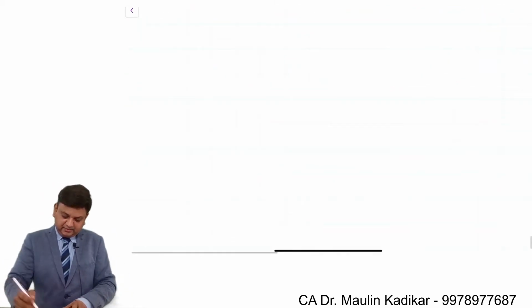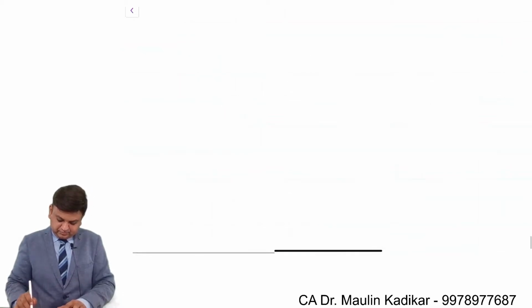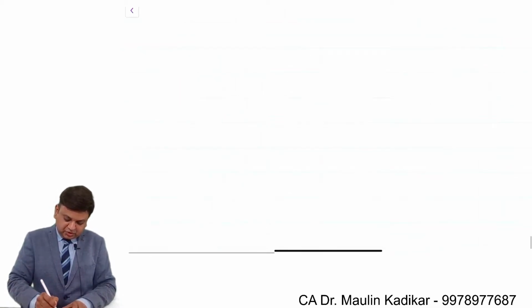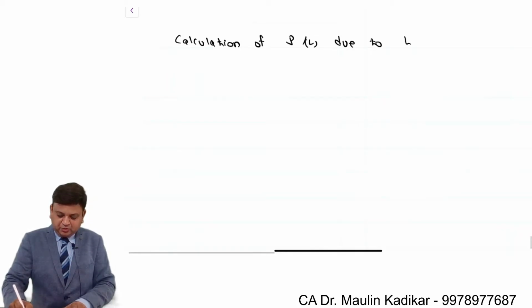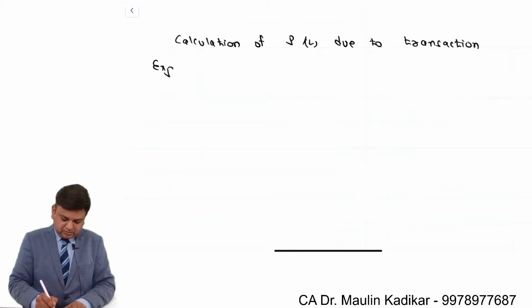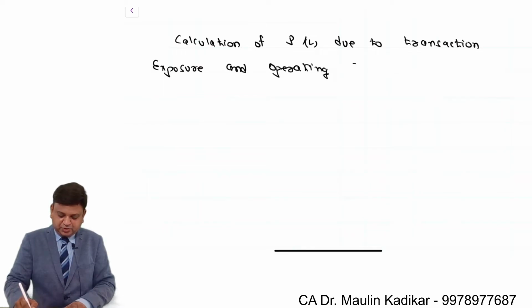So write down heading: calculation of profit or loss due to transaction exposure and operating exposure.